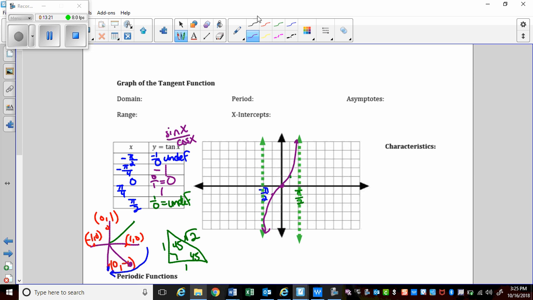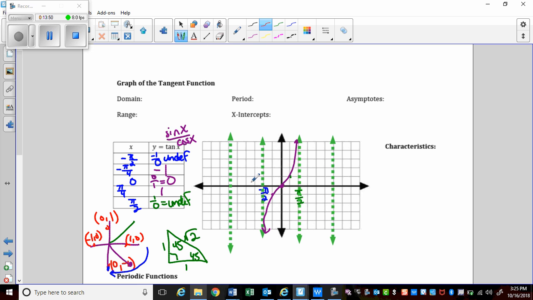Okay, and it's going to repeat. Alrighty, and tangent is going to look exactly the same.